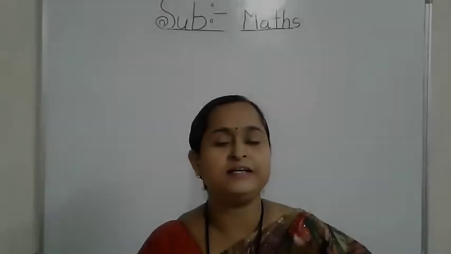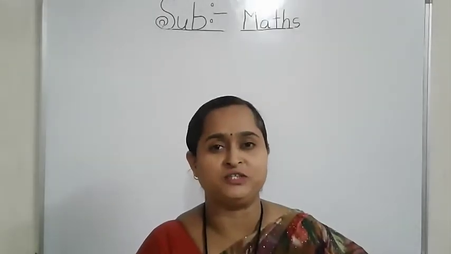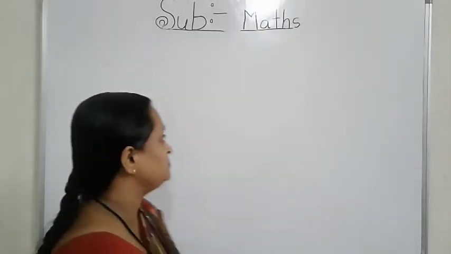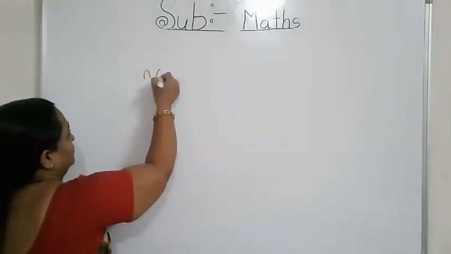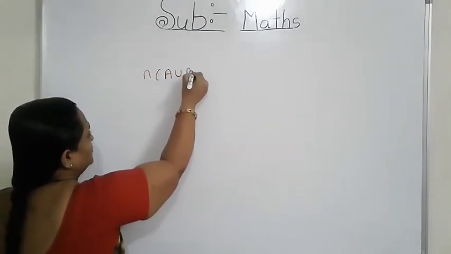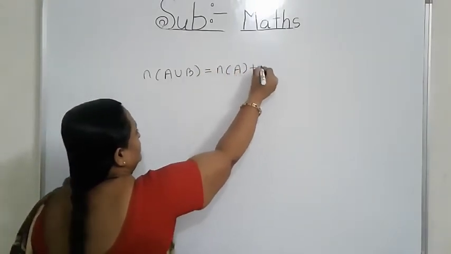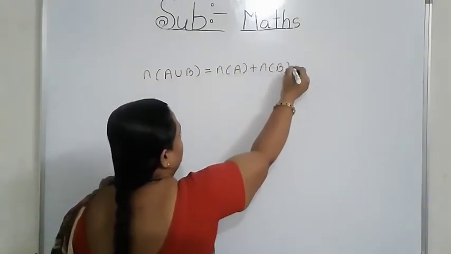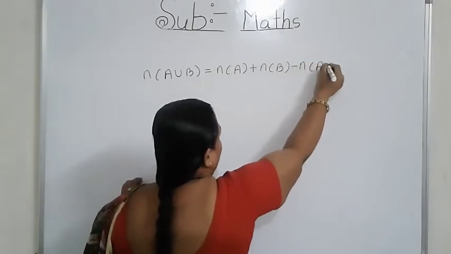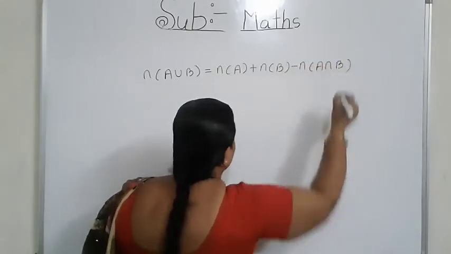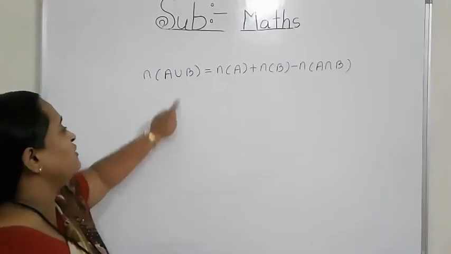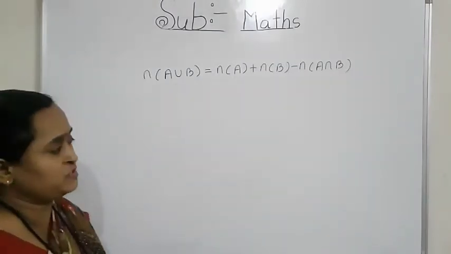Now let's see the relation between union and intersection of two sets. n of A union B is equal to n of A plus n of B minus n of A intersection B. This is the relation between union and intersection of two sets.